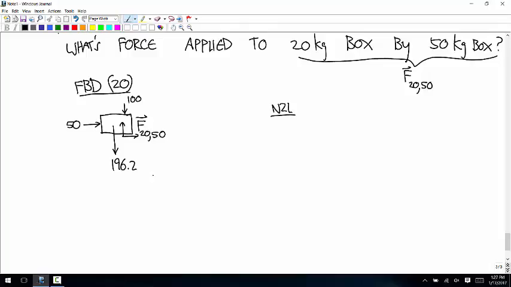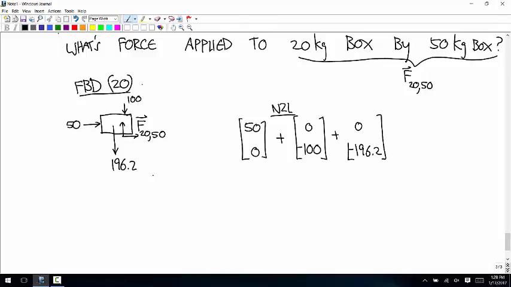So Newton's second law says (50, 0) plus (0, negative 100) plus (0, negative 196.2) plus (F_2050 x component, F_2050 y component) is equal to zeros.